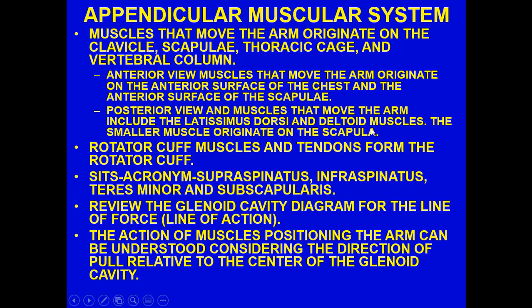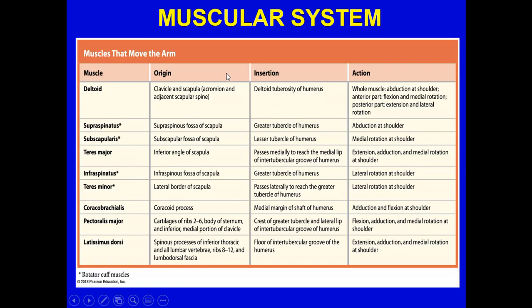The action of muscles positioning the arm can be understood once you consider the direction of pull relative to the center of the glenoid cavity. Keep in mind now, as I said before, this is a shallow ball and socket joint. So when you go through this, focus on what the bones and what the muscles do to the different parts of the shoulder.